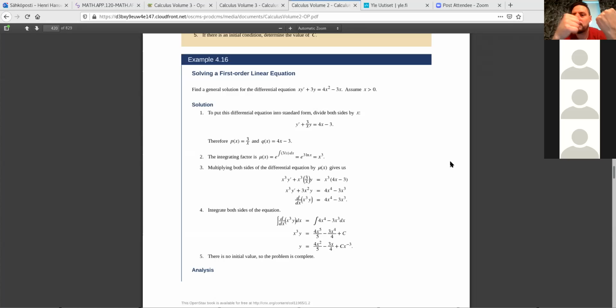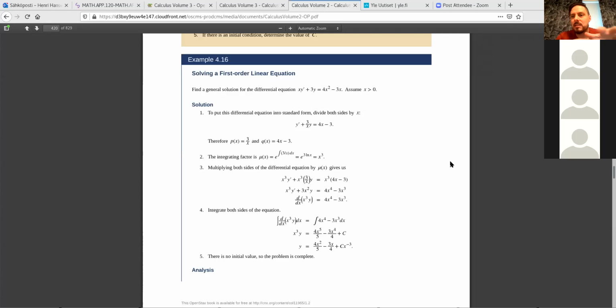We cannot trust our solution necessarily at x equals 0. So if we don't assume that it's either greater than 0 or smaller than 0, then we may end up with solutions that don't match, because we may get them from the negative side and the positive side, but they cannot meet. So this is just a bit academic.